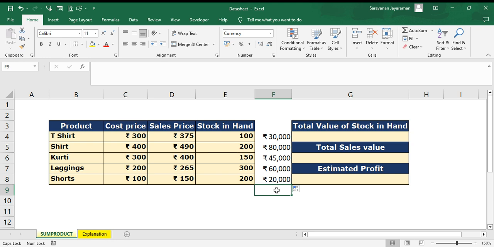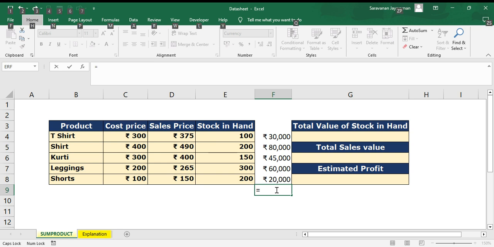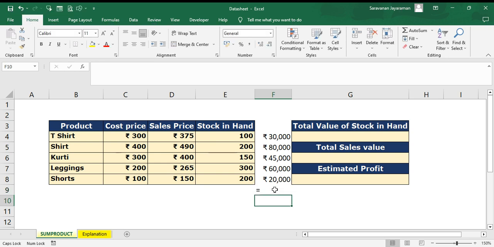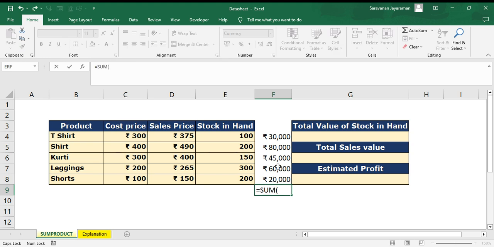Individually it adds up, then we'll add the total. So 2,35,000 would be our cost price.